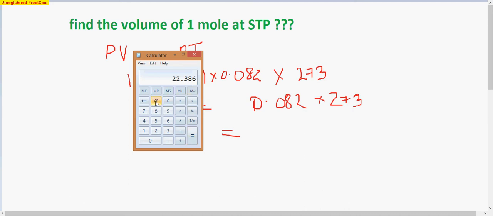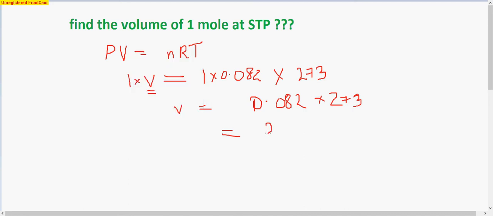This is actually a big principle, so we'll do it with 273.15. Let's see what we get. 273.15, 22.39. Now we can write this as 22.4 liters, right?